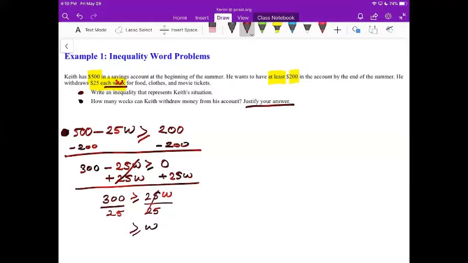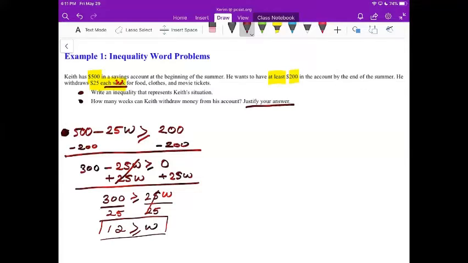25 goes into 300 12 times. So that's at least 12 weeks. If I spend for food, clothes, and movies for 12 weeks, then I have $200.